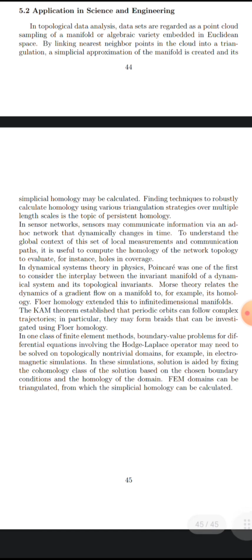In one class of finite element method, boundary value problems for differential equations involving the Hodge Laplace operator may need to be solved on a topologically non-trivial domain, for example in electromagnetic simulation. In this simulation, the solution is determined by fixing the cohomology class of the solution based on chosen boundary conditions, the homology of the domain.